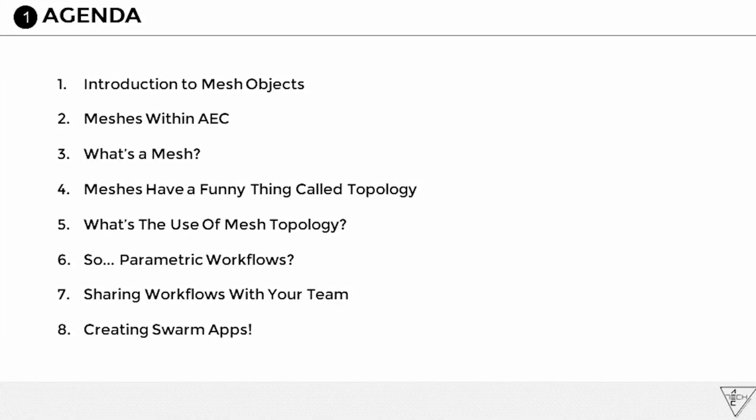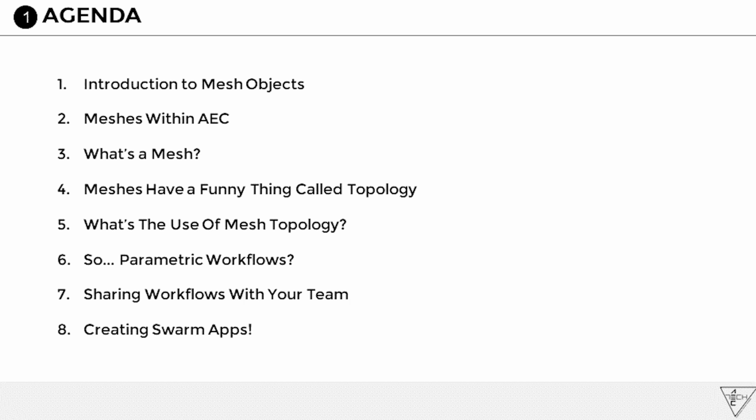So the agenda of today, and the overall parametric workflows workshop, is going to cover mesh objects. So, an introduction to mesh objects: we're going to be talking about what they are exactly. You may have heard of them before, you may have played with them before, or you may be an expert on them. Whatever the case, we're going to be talking about them in more detail, how they have existed and changed the way we design and create buildings and other projects in AEC.